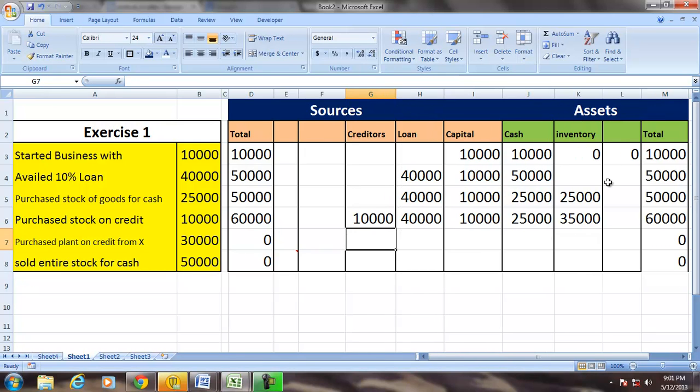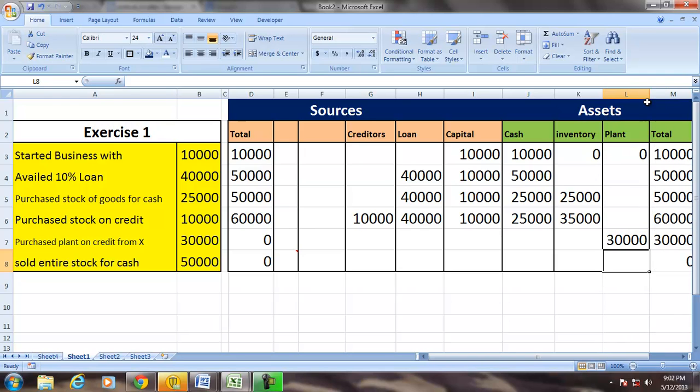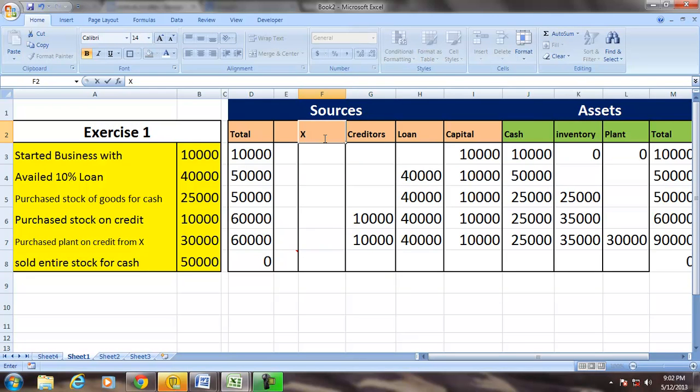Purchase plant on credit, another asset acquisition. So plant purchase is 30,000, and in this case also no change in the cash because there is no payment of cash, no change in the inventory, no change in the capital, no change in loan, no change in creditor, but another source, the supplier of plant, X, will be there on the accounting equation.